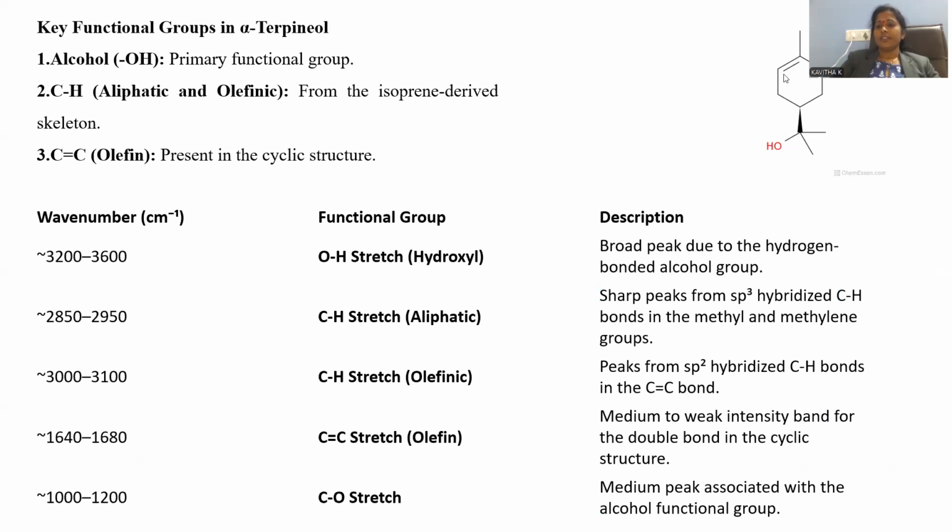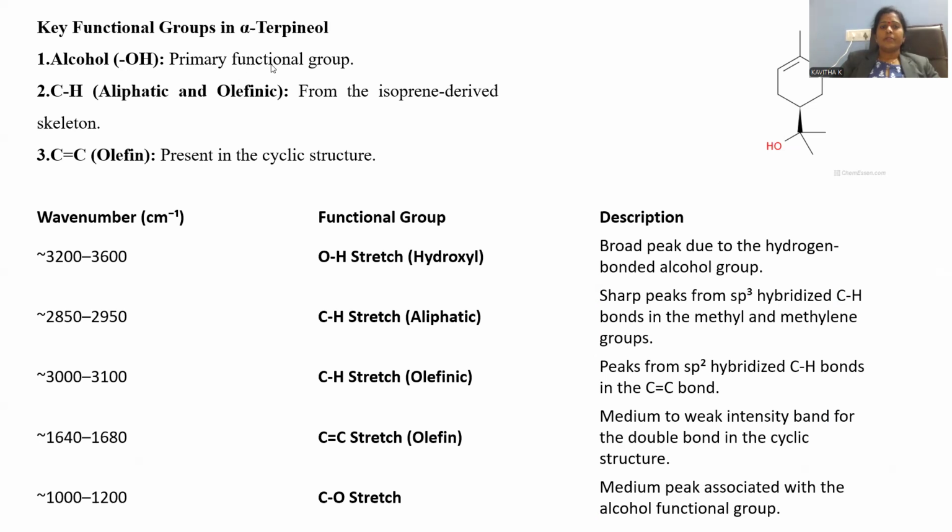Within the molecule, the functional groups which give characteristic peaks in the IR spectrum: one is hydroxy, another is the double bond. So these two are the important things. Let me check what kind of peaks are observed in IR spectroscopy.